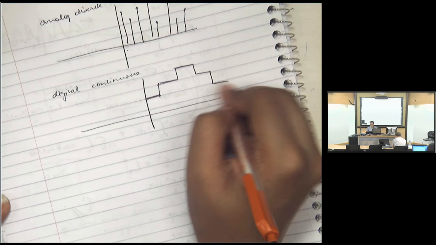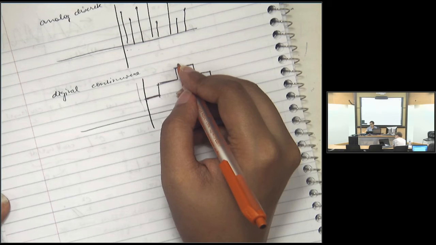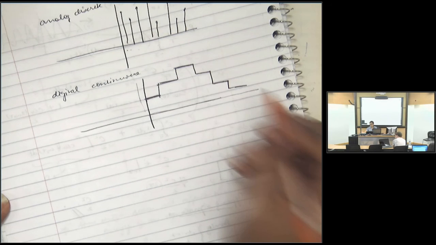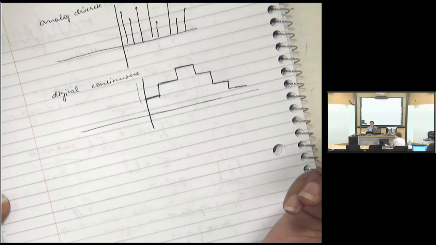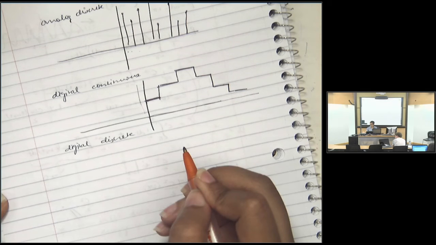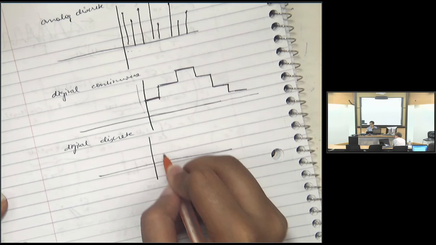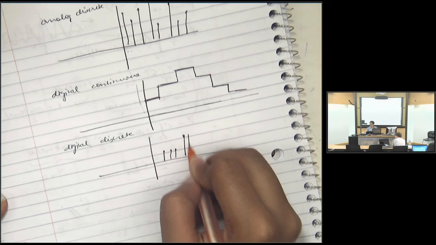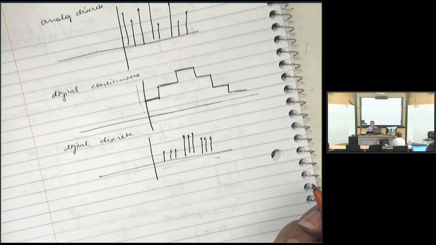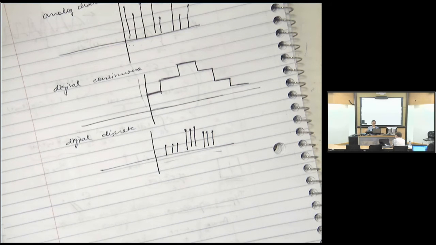In my amplitude scale, I can take only values from a set, whereas my time is continuous. Now I'll have digital discrete as well. That's again a set of values over here, but discrete in the time domain. So that's what the different types of signals mean.